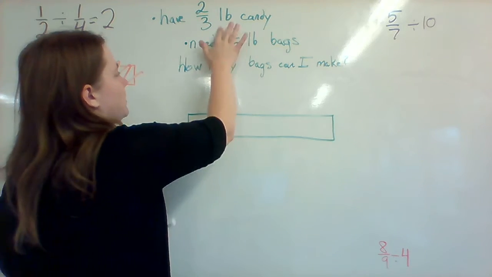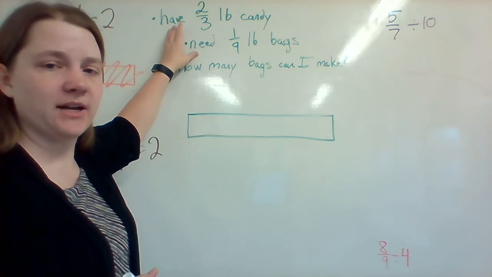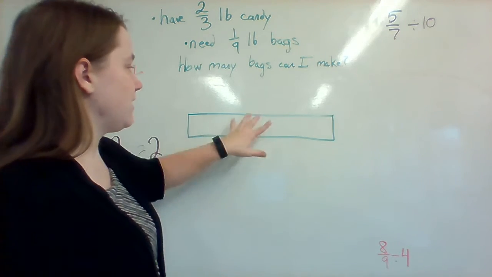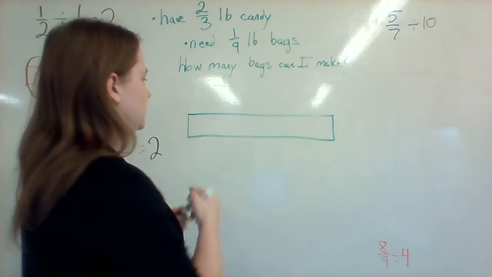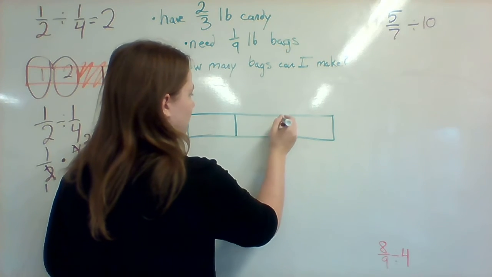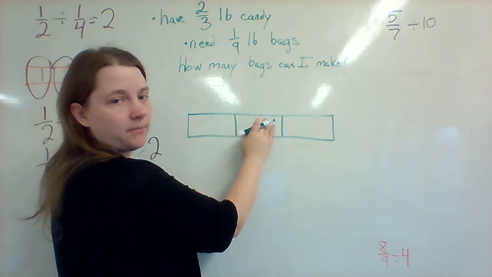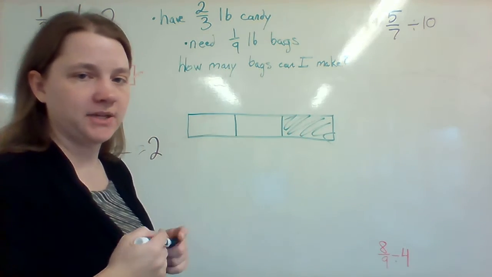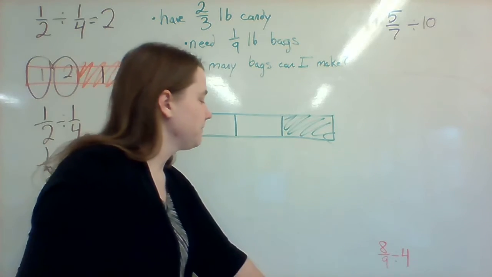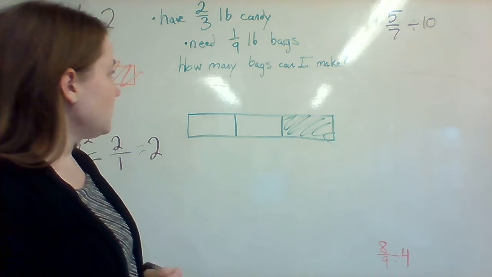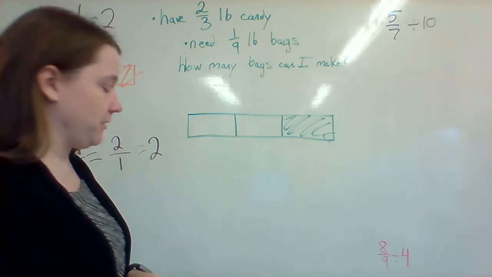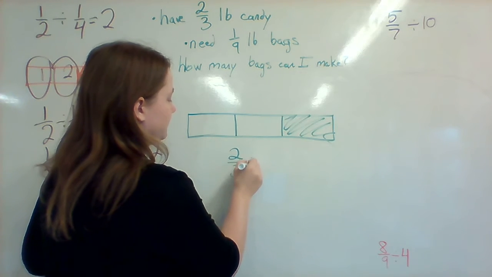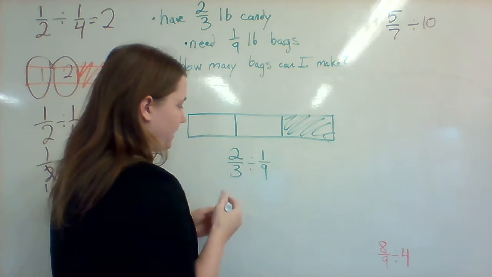So we're going to do the same thing here. We're going to divide 2/3 into 1/9. So first thing I need to do is I need to get this whole into 2/3. There's my 1/3. There's my 2/3. Here's the 3/3 that the problem isn't worried about because it only says 2/3, not 3/3. Then it says I need 1/9 pound bags. So right now I've got my 2/3 divided by 1/9.